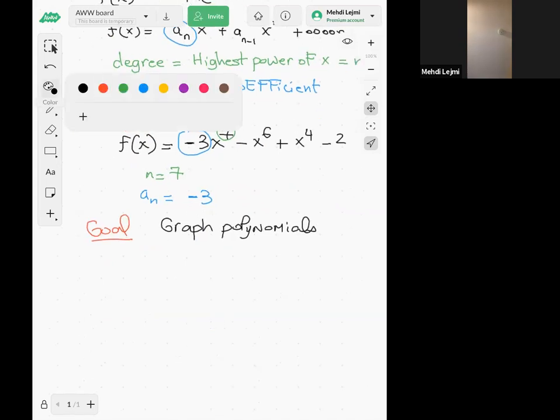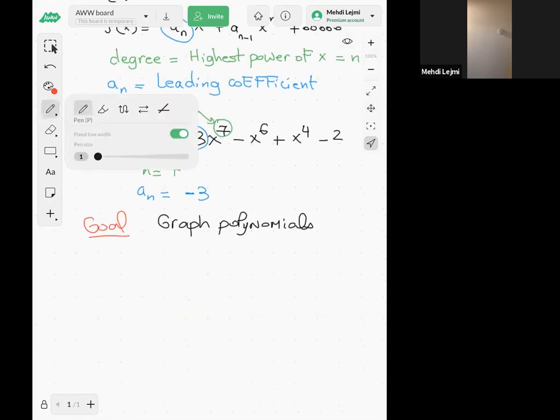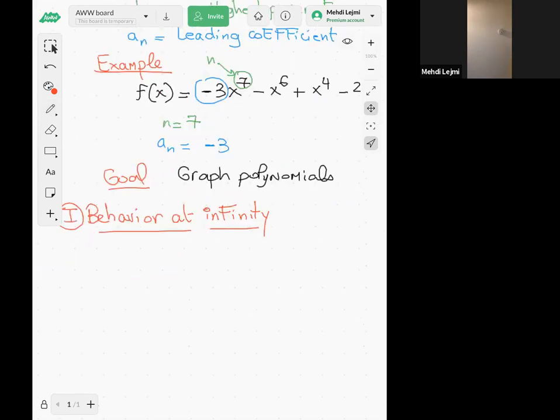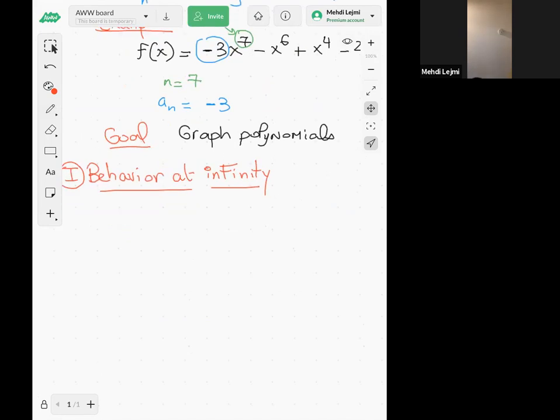We studied the behavior at infinity of polynomials, and we had a table. Let me remind you of the table, because we're going to use it later to graph polynomials.